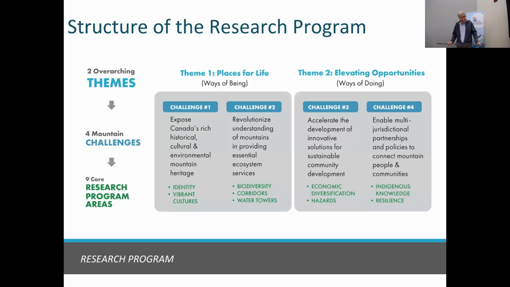I think that these themes, challenges 1, 2, 3, and 4, all encompass everything that's happening across Canada right now, especially the move towards creating more Indigenous protected areas across Canada.